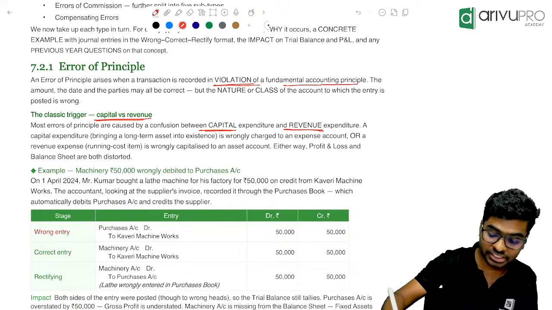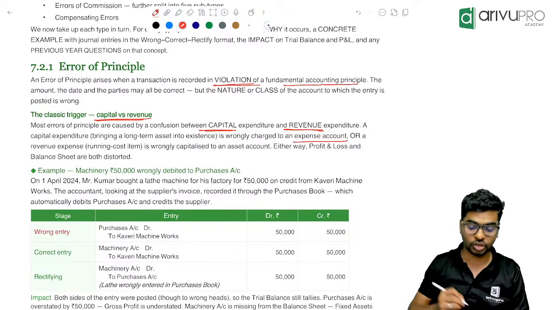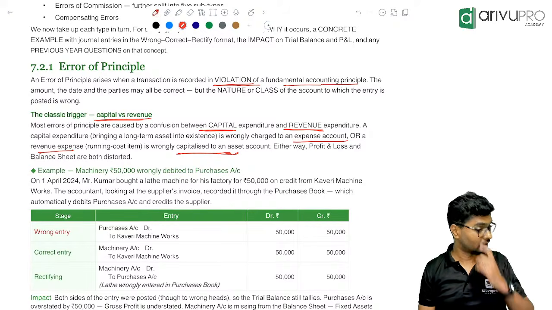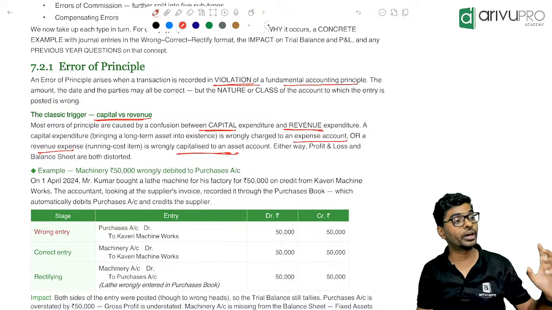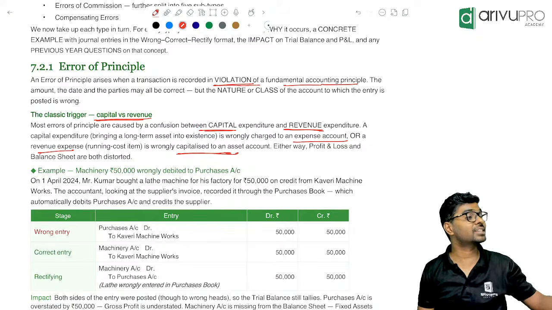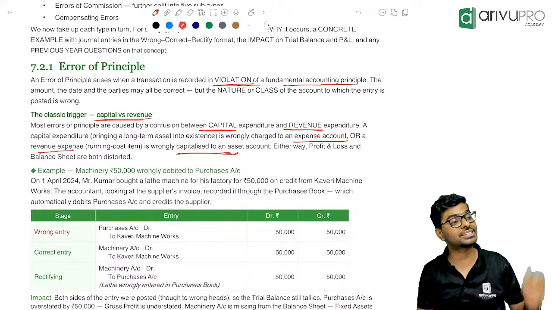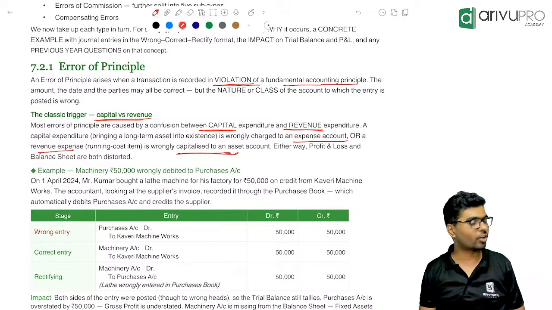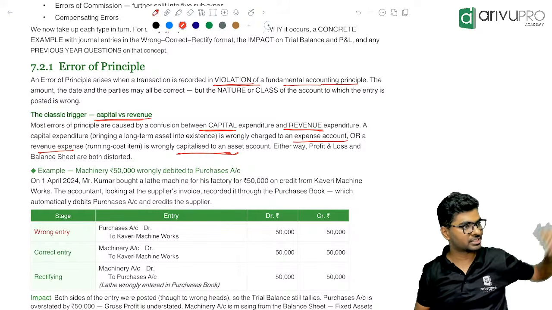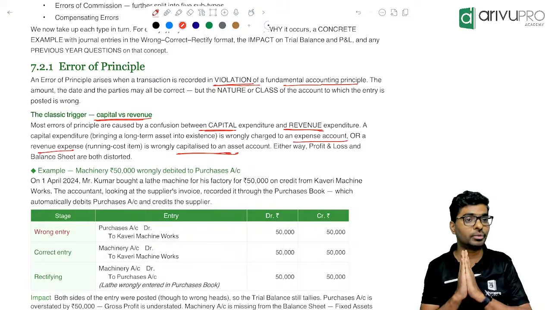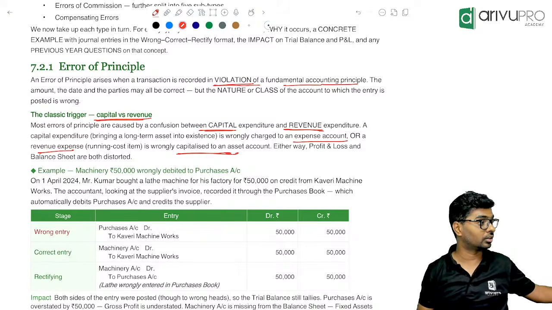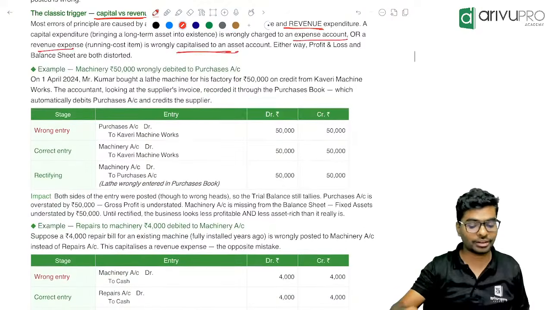Capital expenditure is wrongly charged to an expense account, or revenue expense is wrongly capitalized as an asset. Revenue expenditure, you show it as capital. Capitalized as an asset means revenue expenditure is shown as an asset. An asset shown as a revenue expenditure, then we call it an error of principle. First time we said, now we are just confirming it. Everyone is clear? I am done with the error of principle concept. I am not going to touch it again. Is everyone clear?